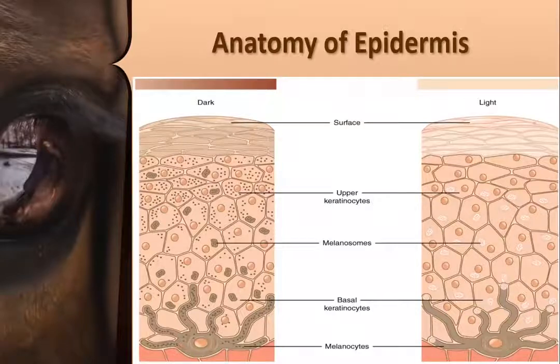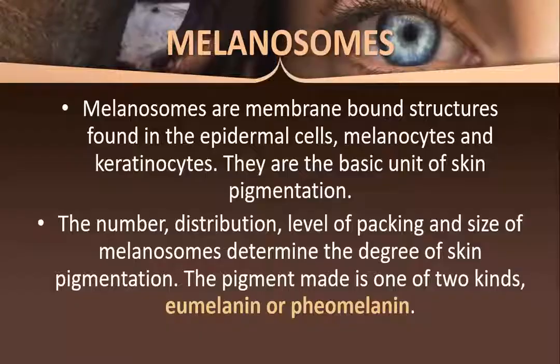Melanocytes release melanin, and melanin accumulates in the melanosomes. Melanosomes accumulate in the different keratinocytes in the layer. So in the epidermis, accumulation of melanin occurs in melanosomes, and melanosomes accumulate in different cells.